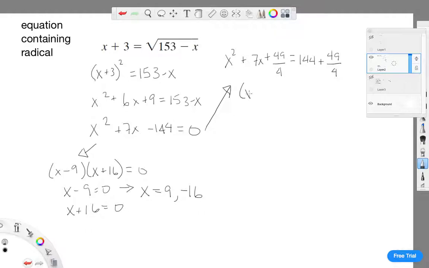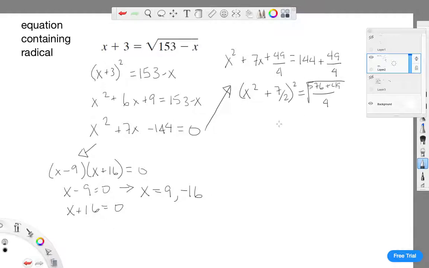Right, so here we have a perfect square, x plus 7 halves, quantity squared, is equal to 144 times 4 is 576, so we've got 576 plus 49 over 4.